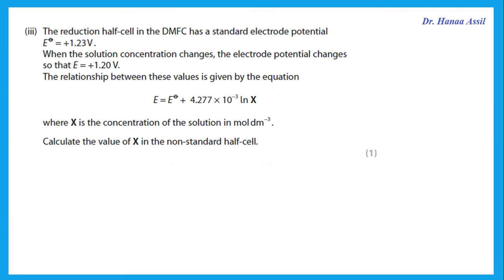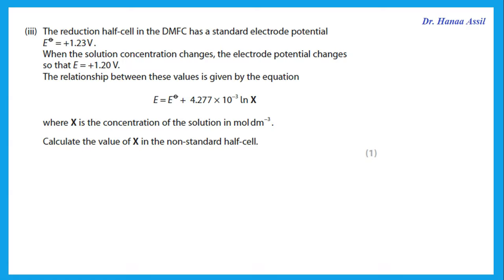The reduction half cell in this cell has a standard electrode potential of plus 1.23. When the solution concentration changes, remember that the E note that is given is for the cell under standard conditions.